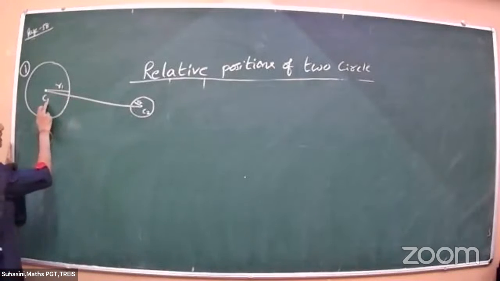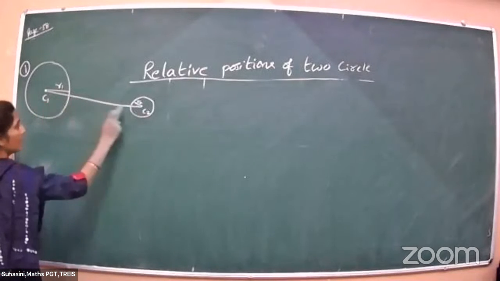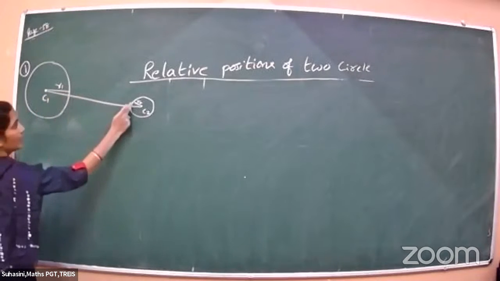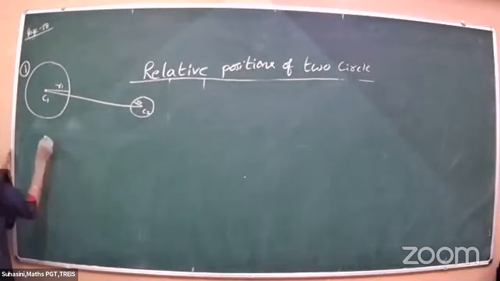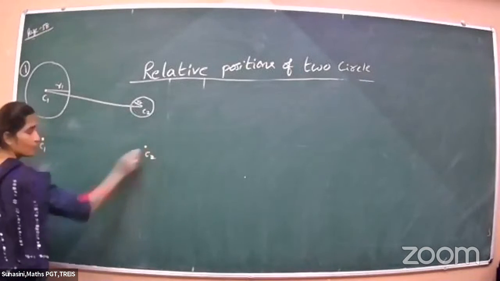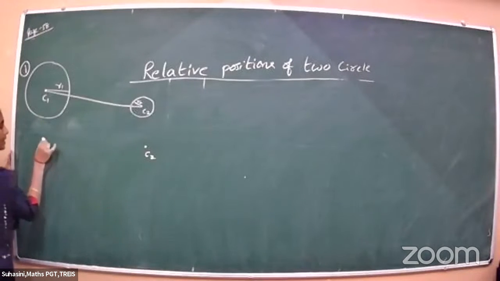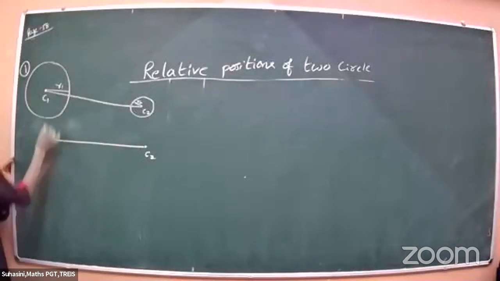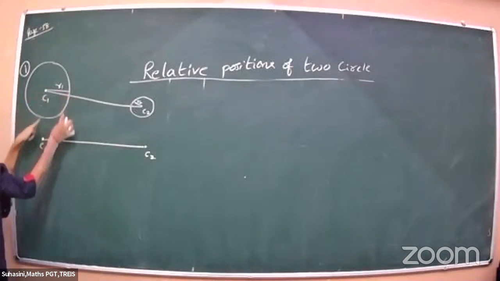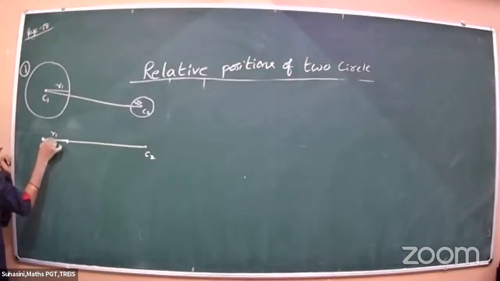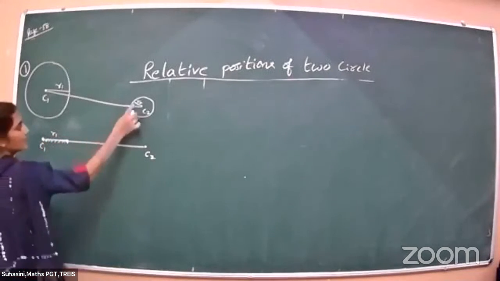If C1 is the center of the first circle and C2 is the center of the second circle, R1 is the radius of the first circle and R2 is the radius of the second circle. I will take C1 and C2 and just join C1 and C2. Suppose I transfer those lengths onto a straight line. This is R1 and this is R2.